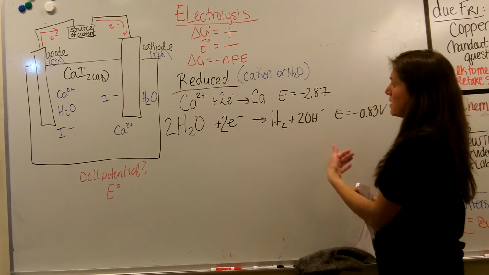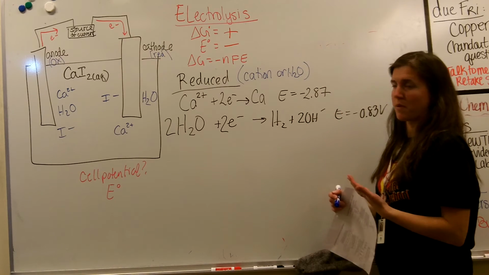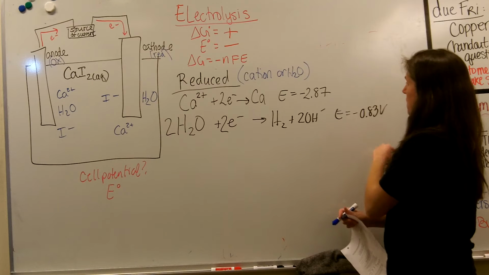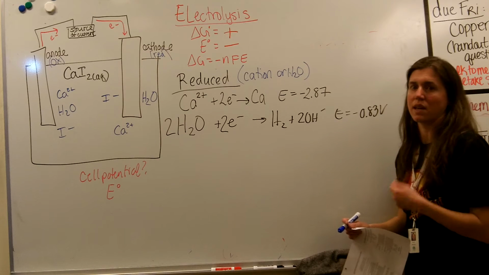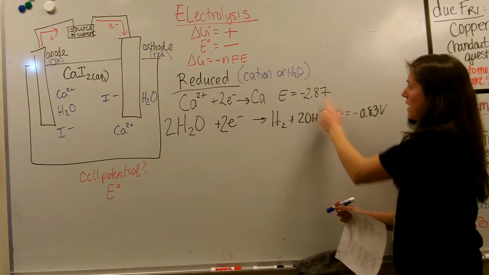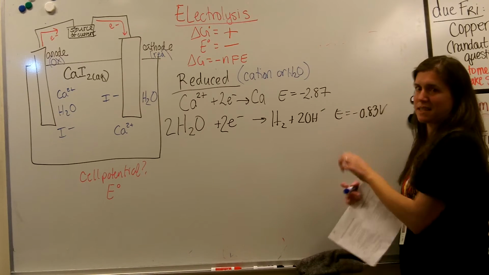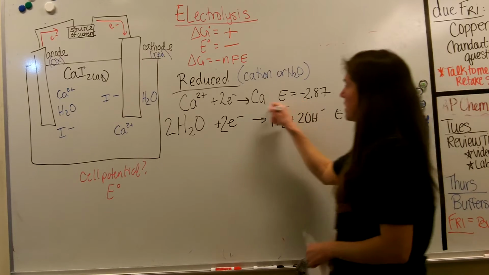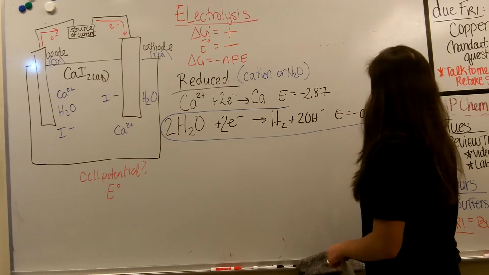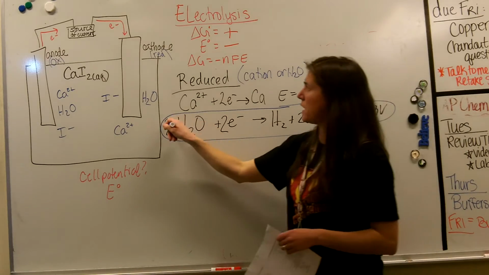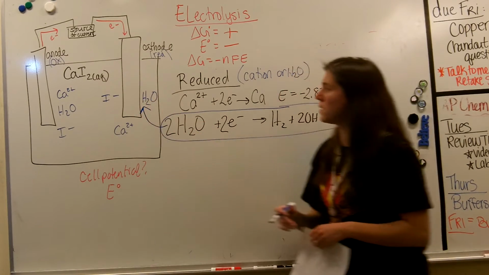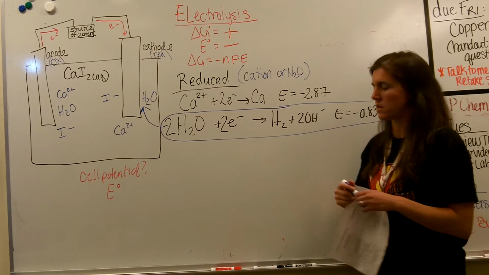In this case, they're both negative, so a little different from what we might be used to. The value that is the most positive will be the most likely to occur. So even though they're both negative, this one right here is less negative. So what that means is water is going to be my substance that will be reduced over here at the cathode. So the cathode, water is going to be reduced.